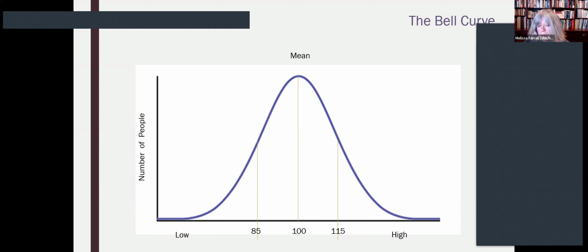So your bell curve should look something like this. And this is all the information that you have. So if I were to say to you, my kid got a standard score of 110, that would be average. It's a healthy average, isn't it? What if I said to you, my kid got a standard score of 88?